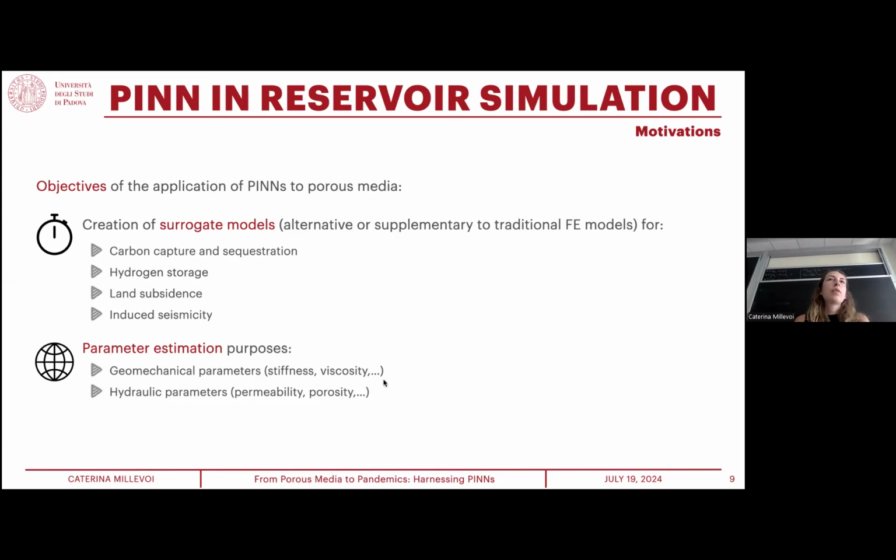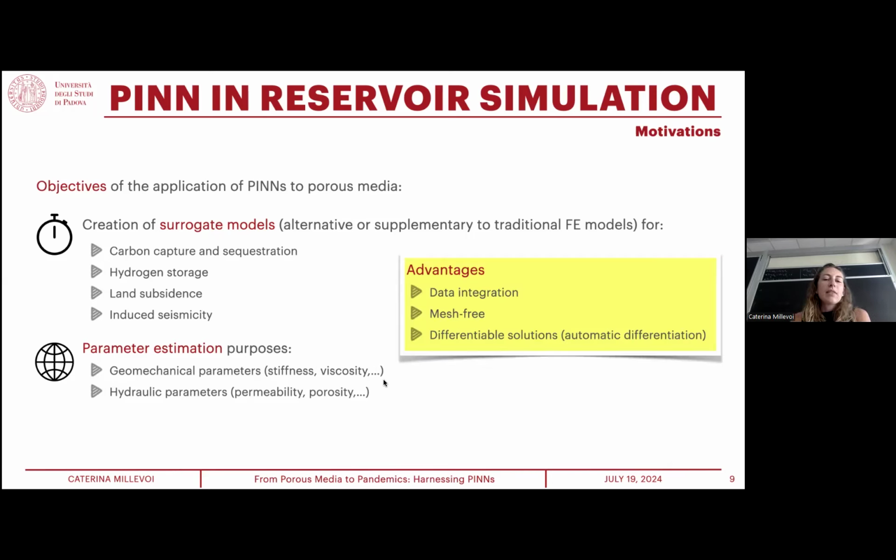Every time you perform an in situ measurement, it is strongly affected by large errors. And so usually you use different types of indirect measurements in order to extrapolate some information about the parameters that define your field.